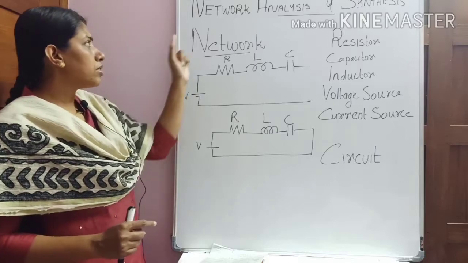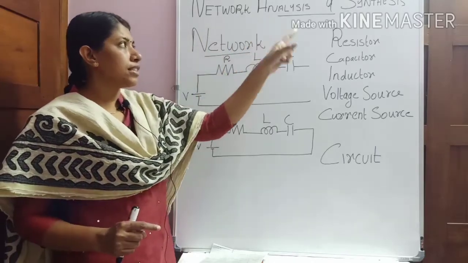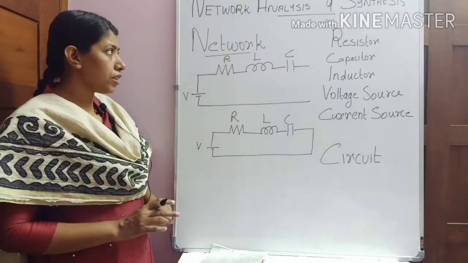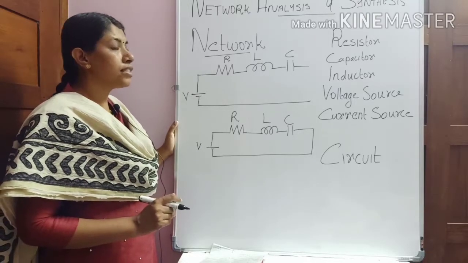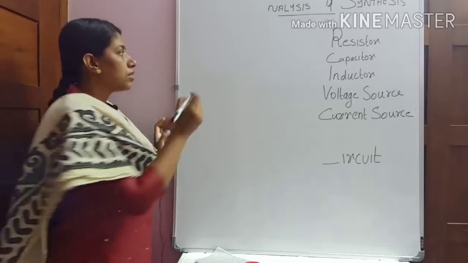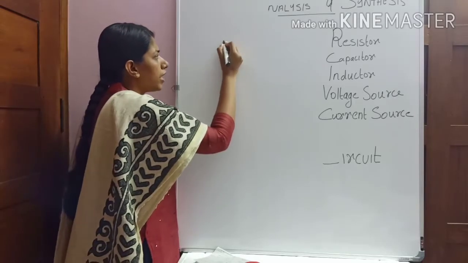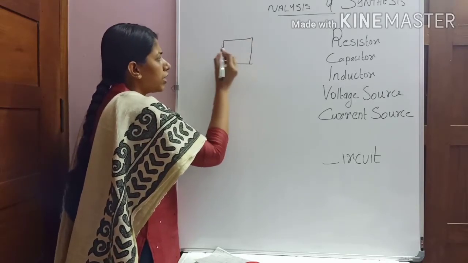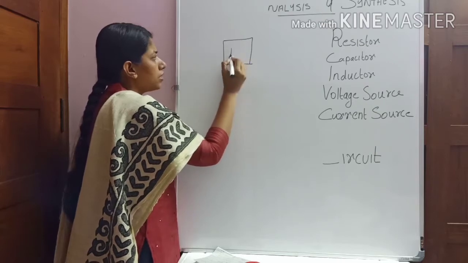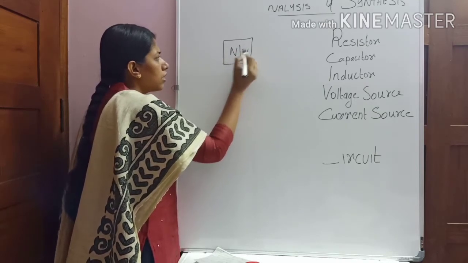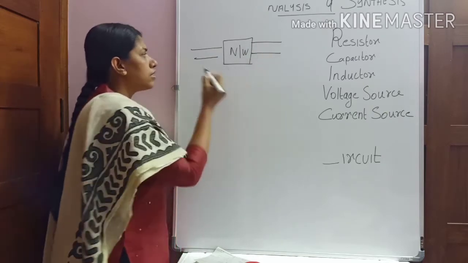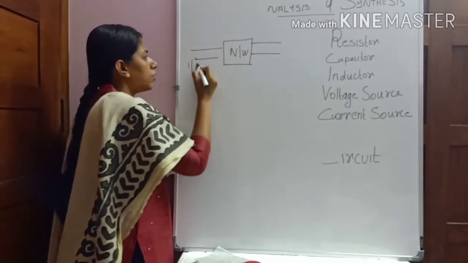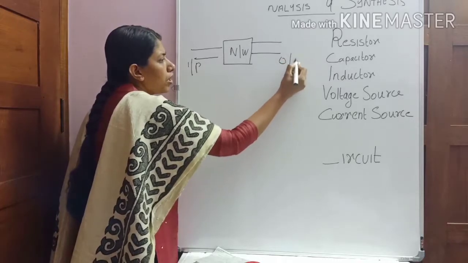Now coming to the subject, network analysis and synthesis. What do we mean by network analysis and synthesis? Consider any network as we have shown like this. Every network will have some input and some output.